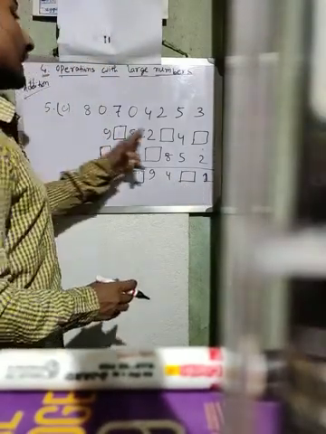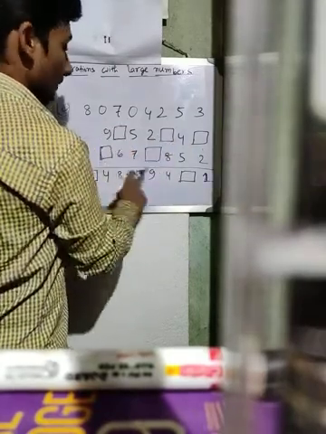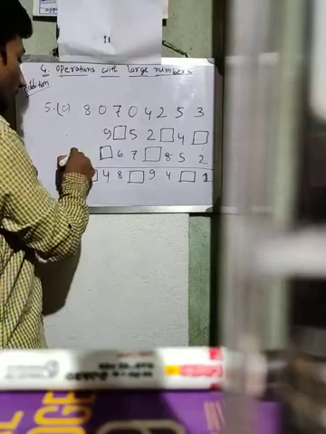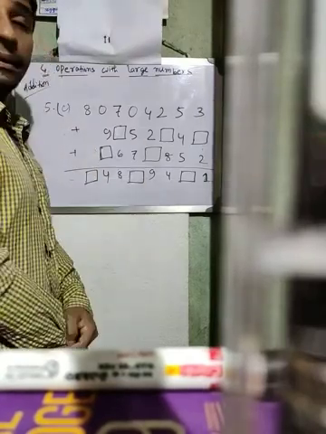You have to find the missing digits. These are the missing digits. You have to find them. This is addition. How can I do this?